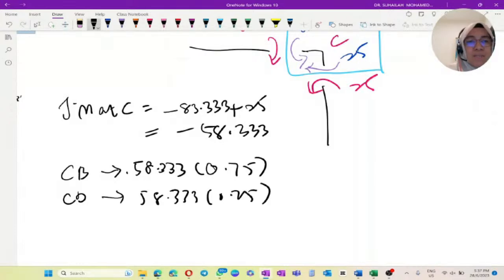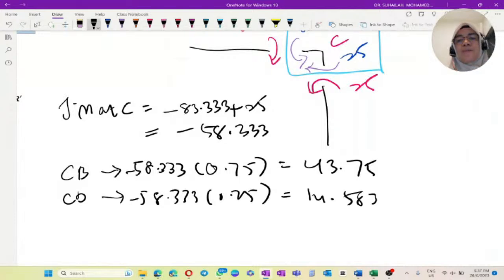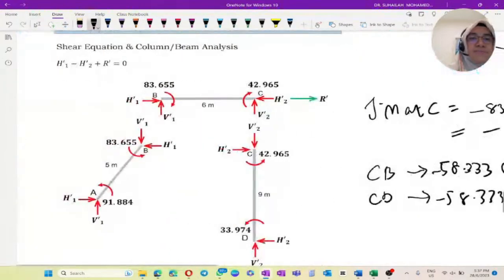It is negative. So 58.333 times 0.75, we get 43.75, and 58.333 times 0.25, we get 14.583.